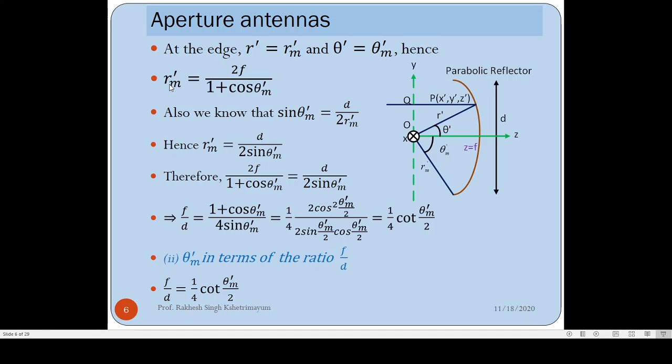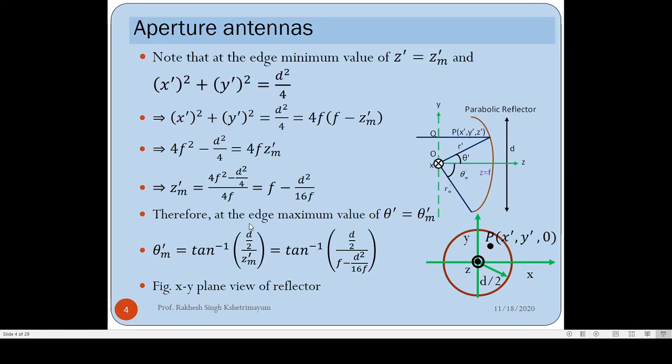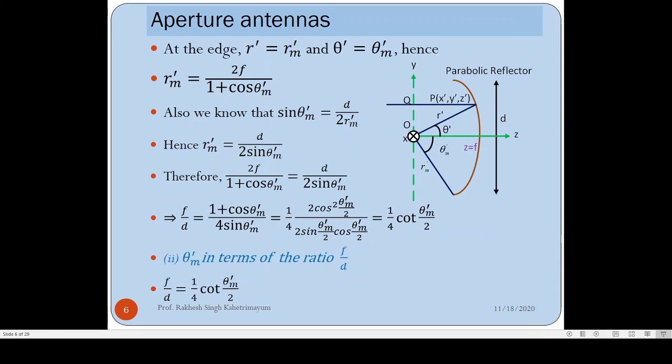You have the relation R dash is equal to 2f by 1 plus cos theta dash. That was the first relation we derived. This relation is true for any value of theta dash, so it should also be true for theta m dash. For theta m dash, R dash becomes Rm dash. So Rm dash is equal to 2f by 1 plus cos theta m dash.